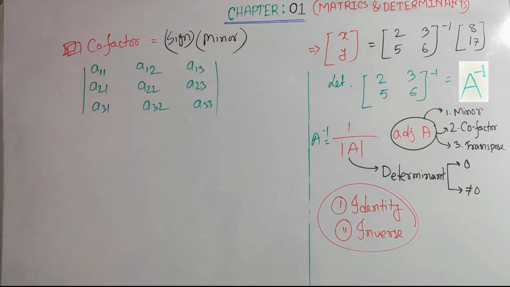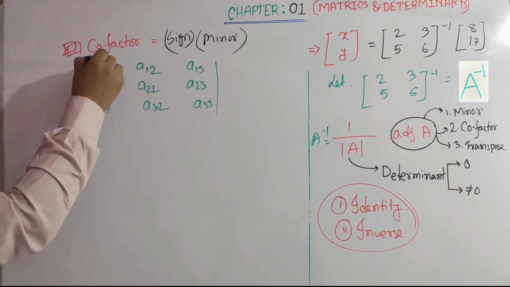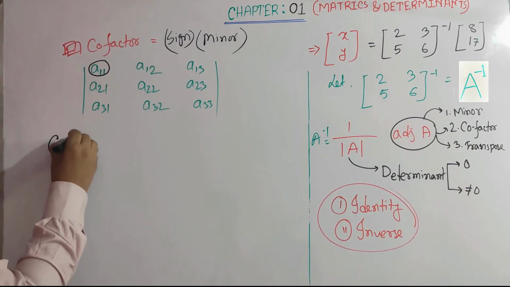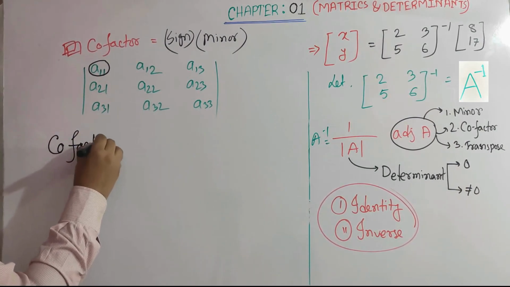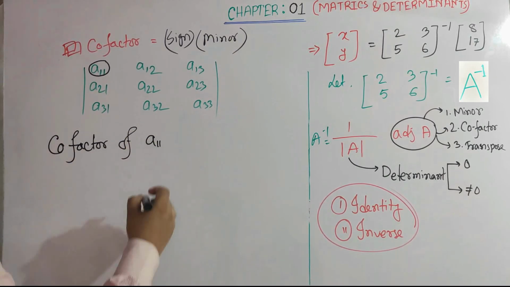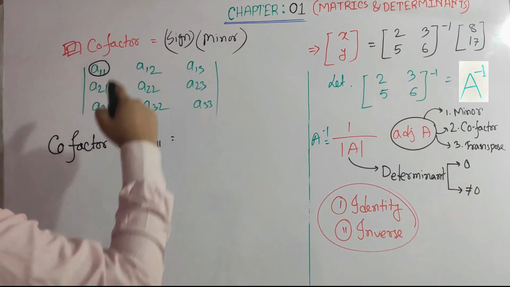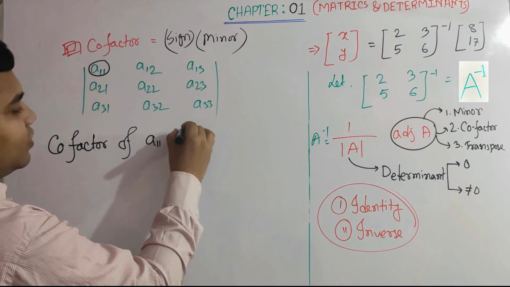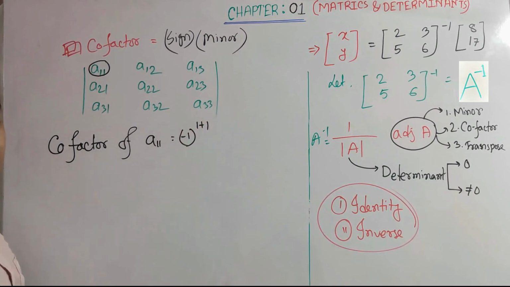Okay, so now we are starting to understand the cofactor from any position. So first of all, we are trying to focus on A11. What will be the cofactor at the position of A11? So cofactor of A11 should be what? First the sign will come. Which sign will it take? Yes, it should be -1 to the power 1 plus 1, that means it should be plus.